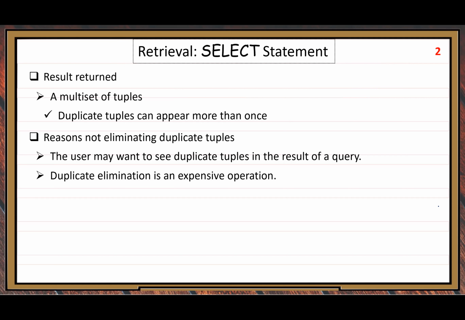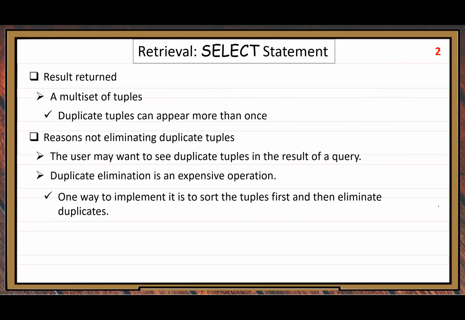Think about that. But if you want to do sorting, that's very expensive, especially if you have a large number of rows. One way to implement it is to sort the tuples first and then eliminate duplicates.